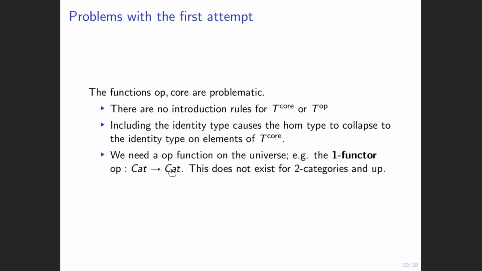We don't even get an op two-functor between the two-categories of two-categories, and similarly for n greater than 2. So we are missing this op transformation. There's maybe more interesting things to say about it, but I will stop there.